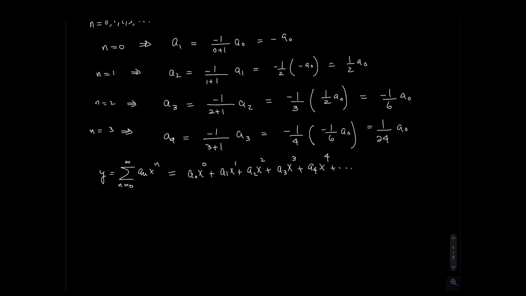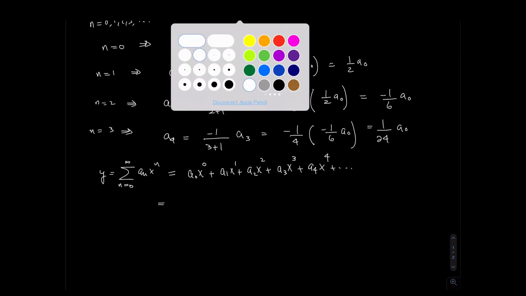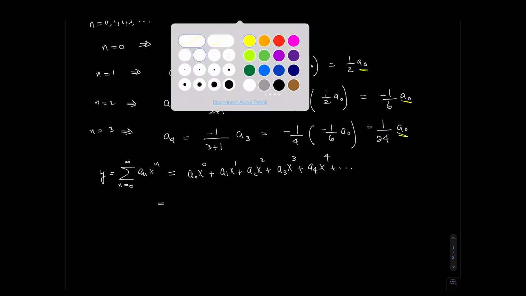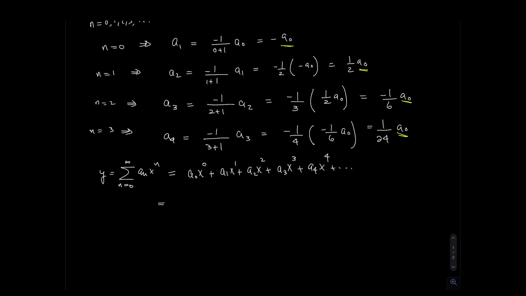So that's the solution. Now, what's a0? Since everything is being written in terms of a0 in my solutions, it seems to be the underlying constant that everything is being written in terms of. So a0 will just be a0.